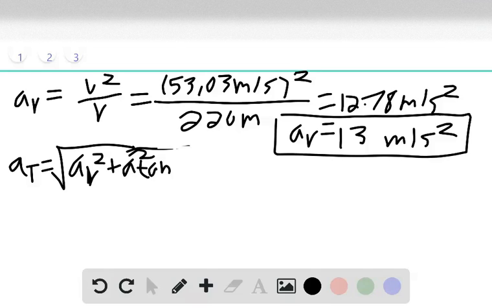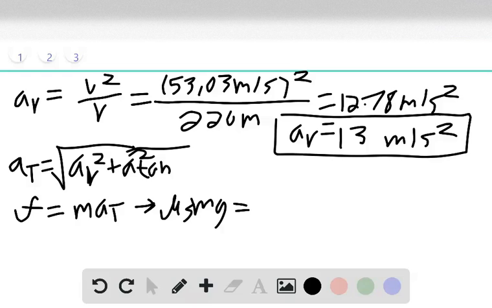So we have F is equal to m a_total. So that has to be equal to each other. So then we have mu_s mg is equal to m times this expression that we just wrote out for the total acceleration, the square root of a_R squared plus a_tan squared.